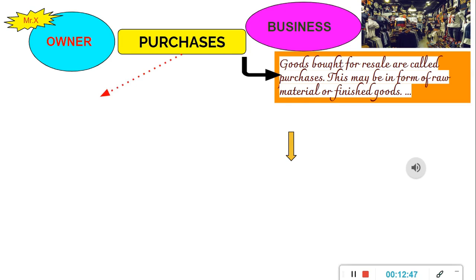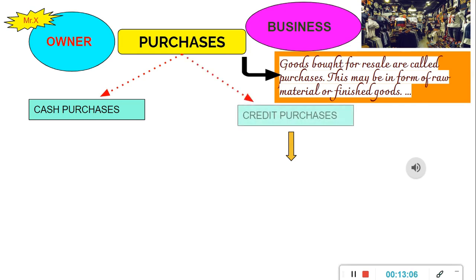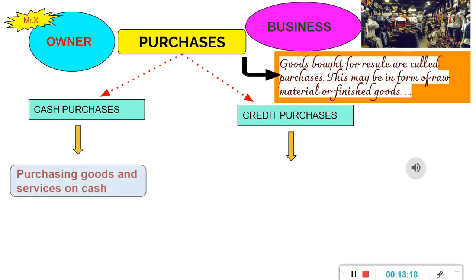Means he has paid the money at the time of purchasing the material. That is called cash purchases. Clear? Means purchases can be divided into two. The first one is cash purchases and the second one is credit purchases. What is cash purchases? Cash purchases means we are paying the money at the time of purchasing the goods. You are purchasing goods on cash. That is called cash purchases.